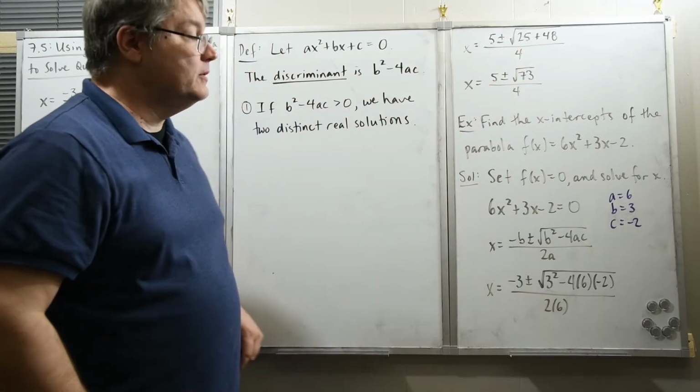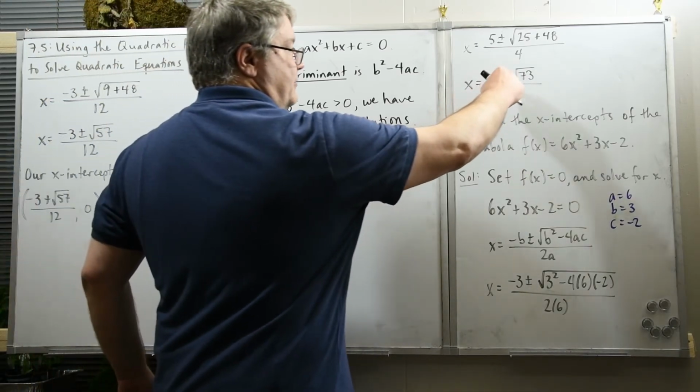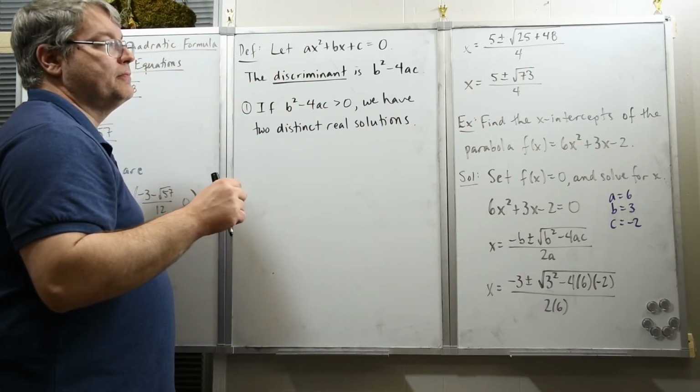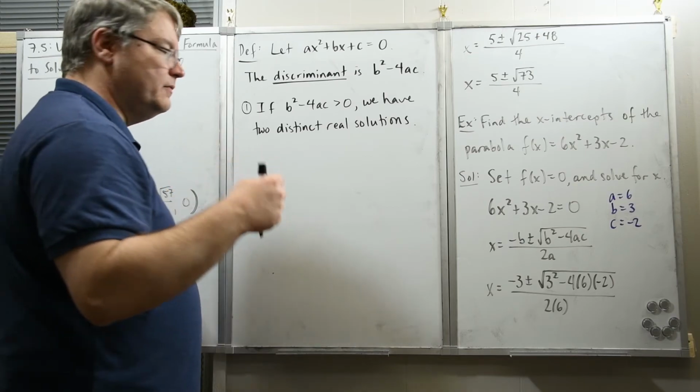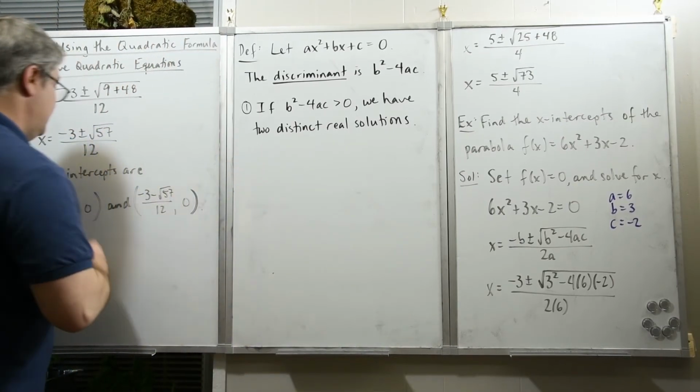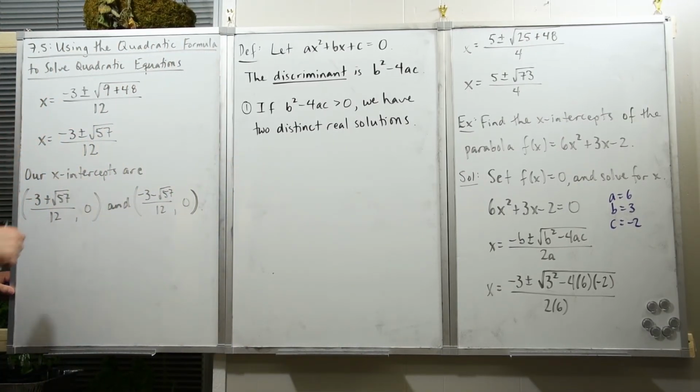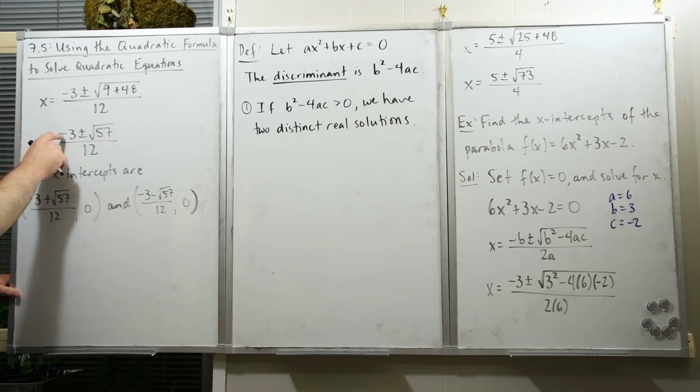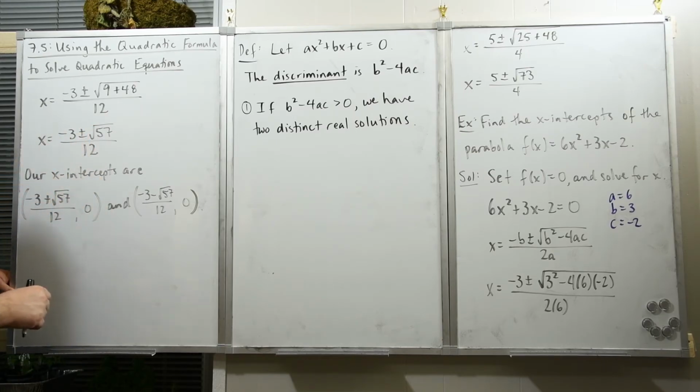We ended up getting two real solutions there: 5 plus square root of 73 over 4, and 5 minus square root of 73 divided by 4. Here, we got two real solutions. 57, that was your discriminant, positive. Two distinct real solutions: -3 plus square root of 57 divided by 12, and -3 minus square root of 57 divided by 12.